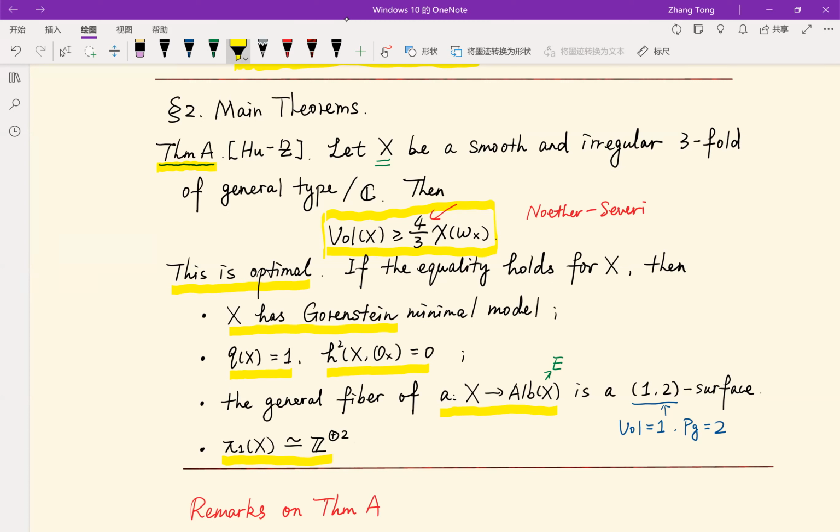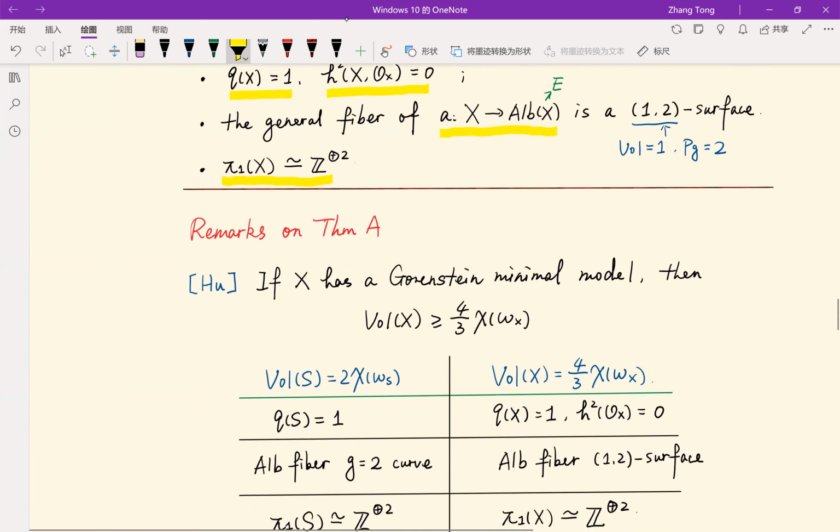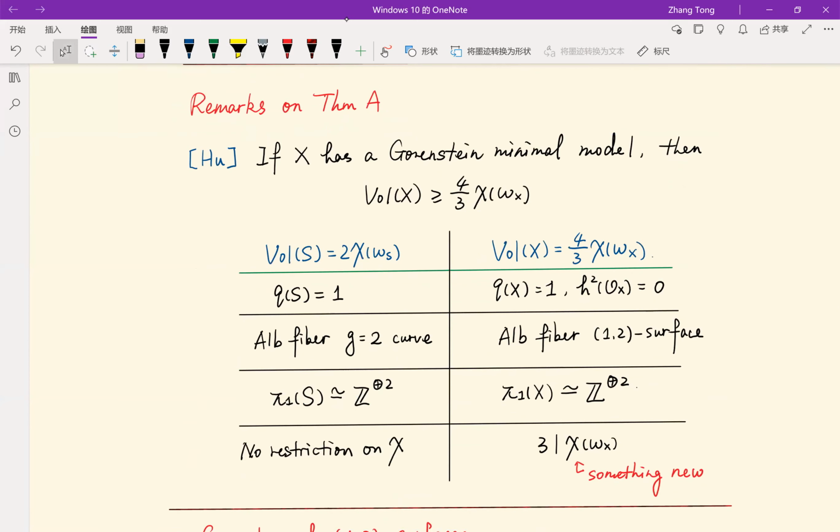Okay, good. So before I introduce the second one, I want to make some remarks first. The first remark is that if you put some strong condition on X, then this inequality has been proved by my collaborator. For example, if you assume a priori that X has a Gorenstein minimal model, then the Noether-Severi inequality has been proved by Hu, I think several years ago.